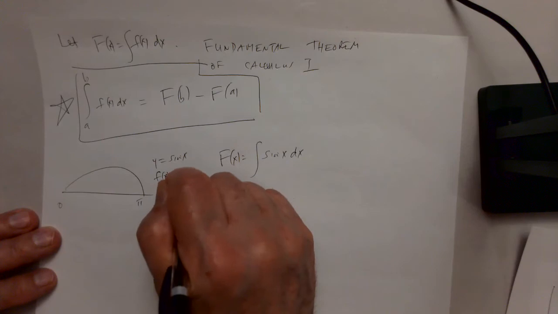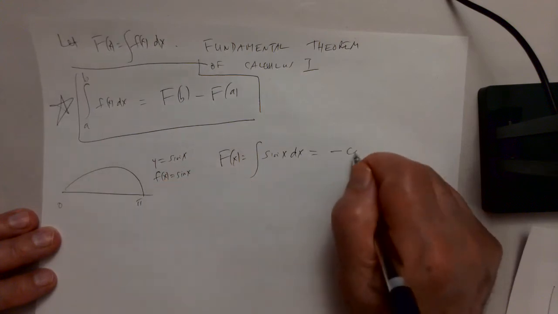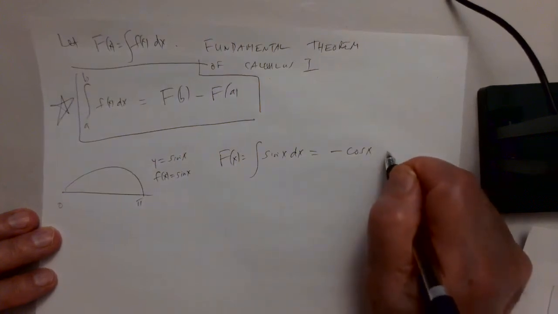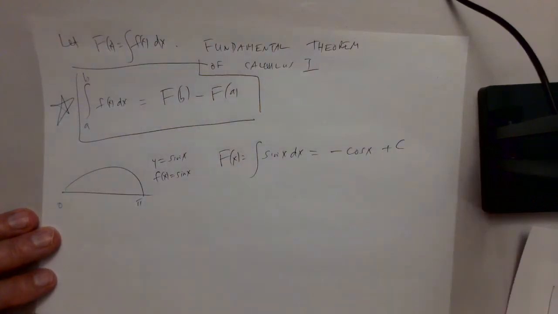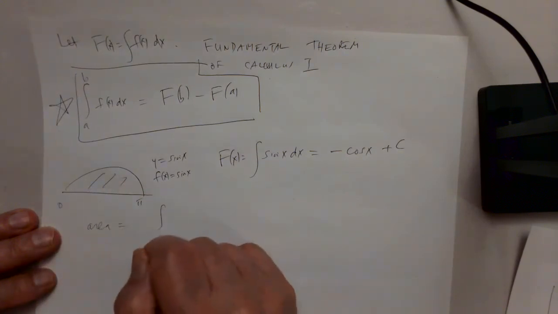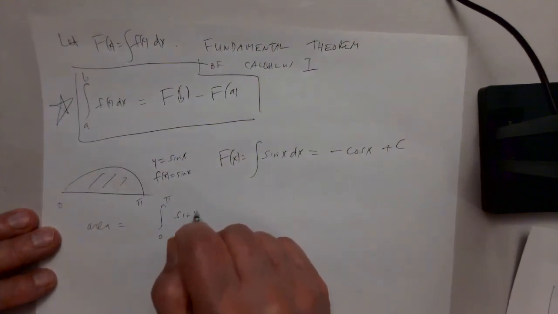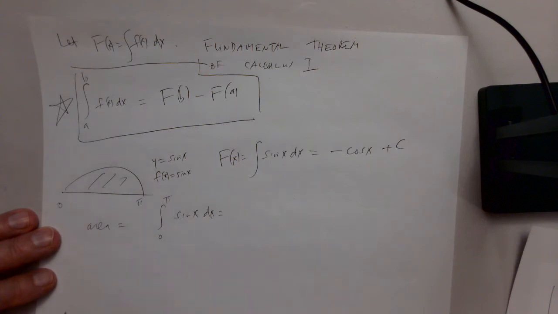Little f of x is sine of x. The indefinite integral is minus the cosine of x plus any constant. And what we want to find is this area. This is the integral from 0 to pi of sine x dx.